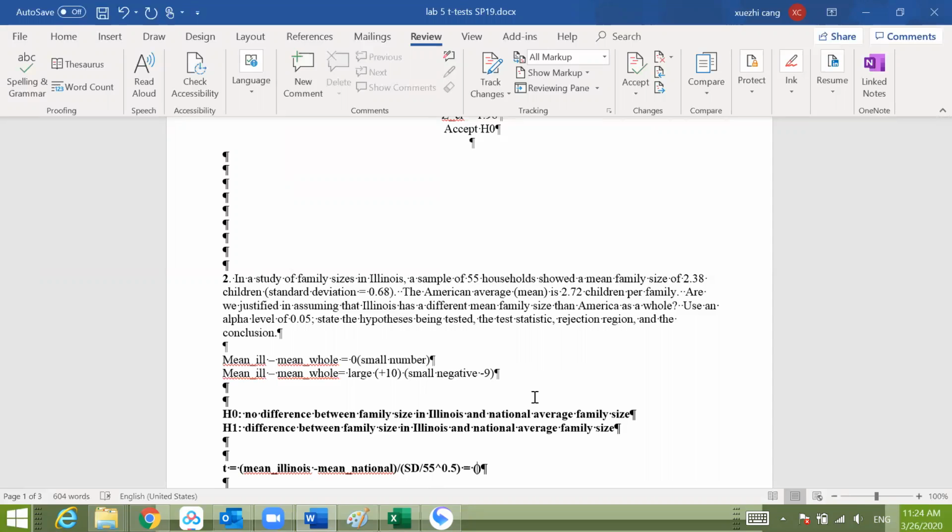The average family size in Illinois is 2.38 minus the family size of the whole country, 2.72, divided by the standard deviation, which is 0.68, then divided by the square root of the sample size, 55.